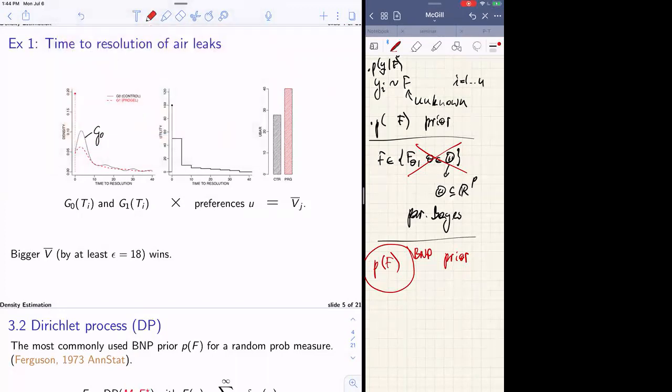And in red, the G1 is the distribution under the experimental therapy. If you were the patient, you would probably by far prefer G1 because you see that G1 has an atom here at 0. That atom at 0 means you go home immediately. You don't have to stay in the hospital. That means the air leak does not even arise, or it clears immediately.